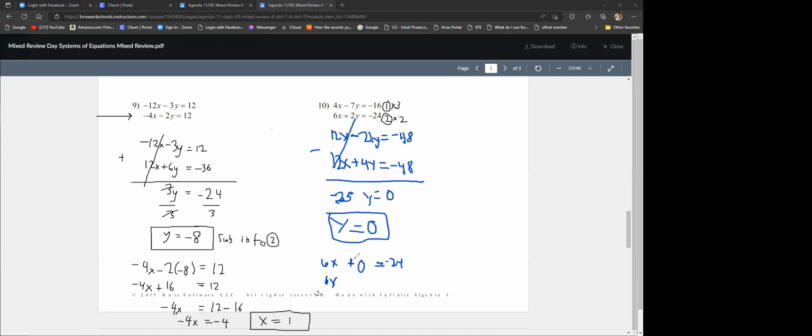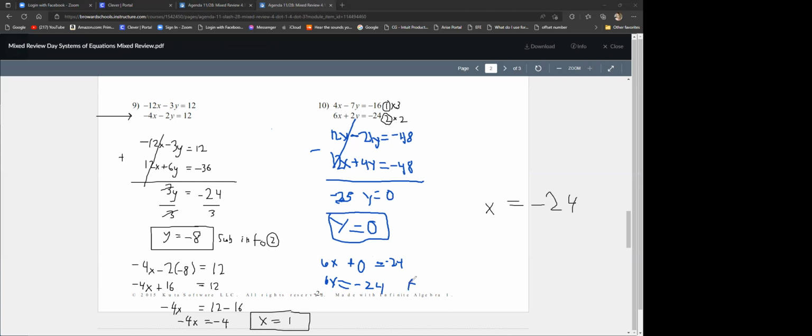So what's x? Do I divide by 6? Yep, divide both sides by 6. What you have is 6x equals negative 24, so x equals negative 4. Put that in a box.